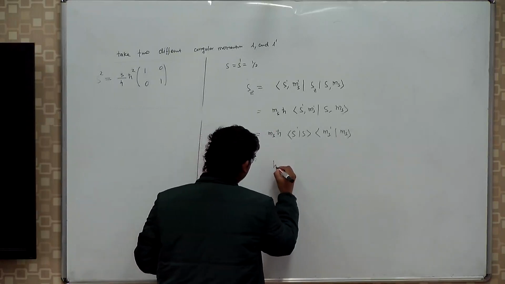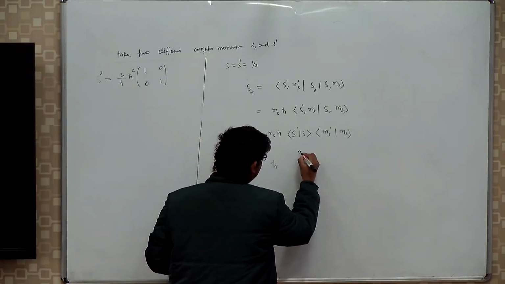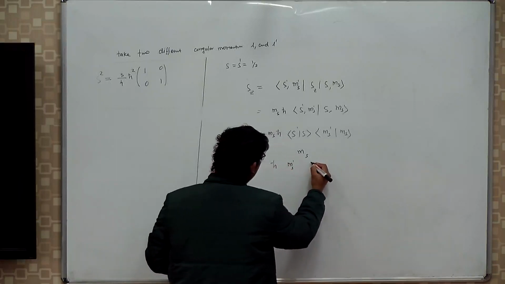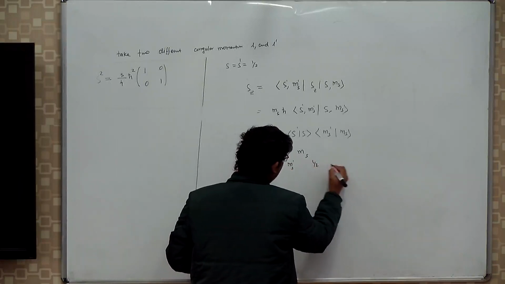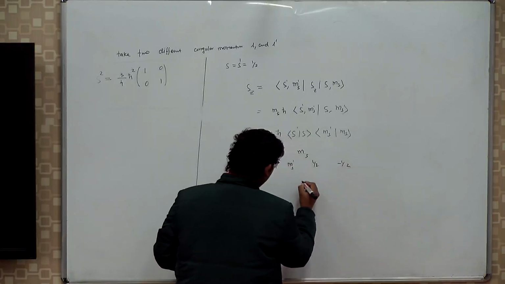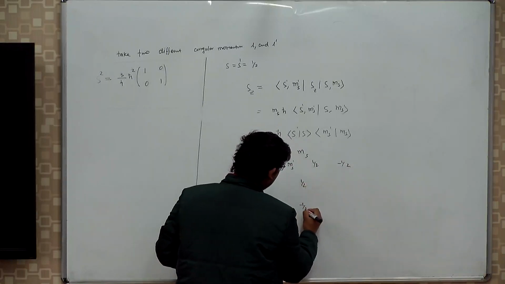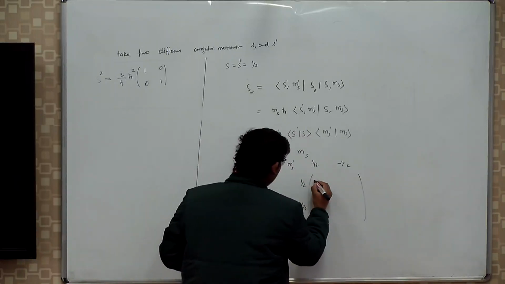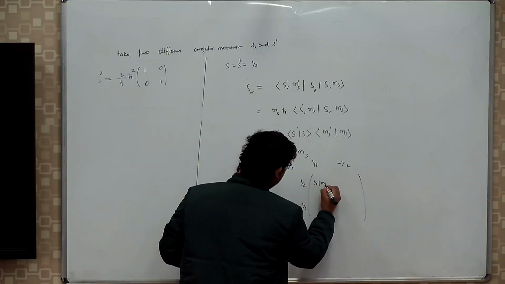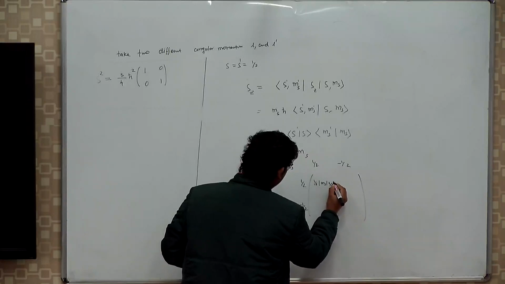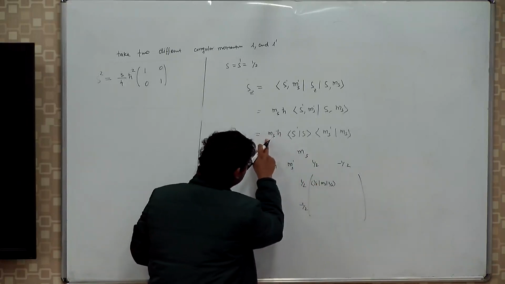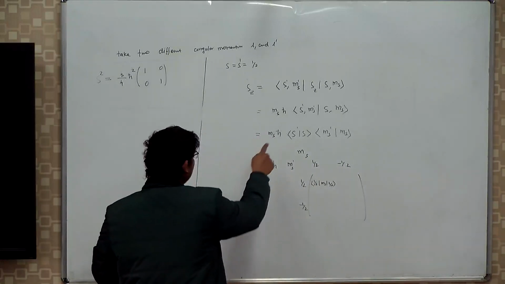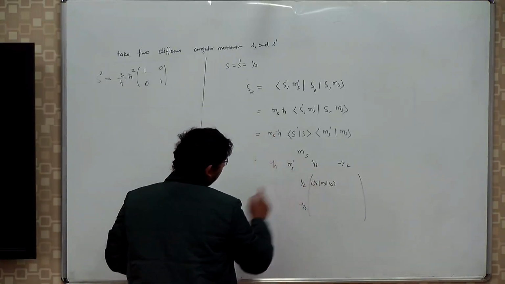For writing that, h cross I am keeping outside, then m_s dash takes the values 1/2, -1/2, and m_s takes 1/2, -1/2. So 1/2 m_s 1/2. This m_s is coming inside. There is one additional m_s here, we have to multiply.